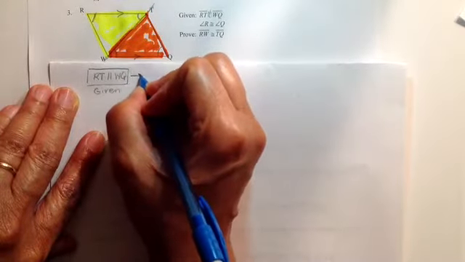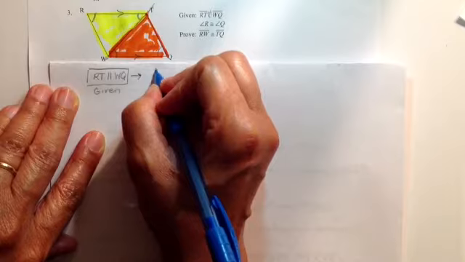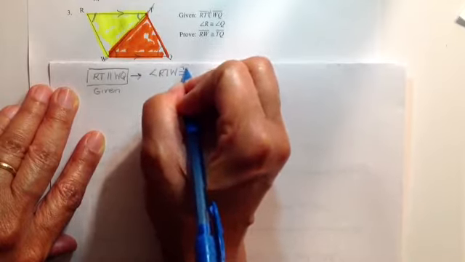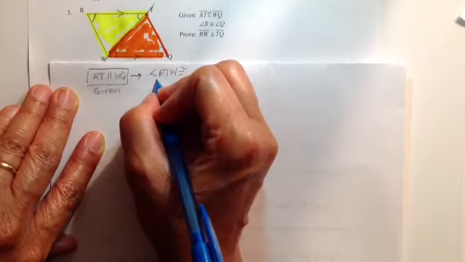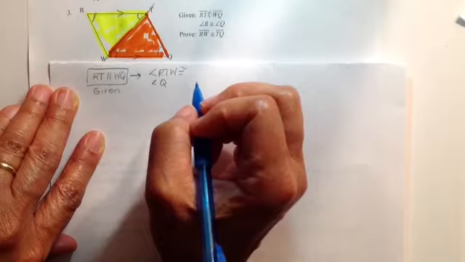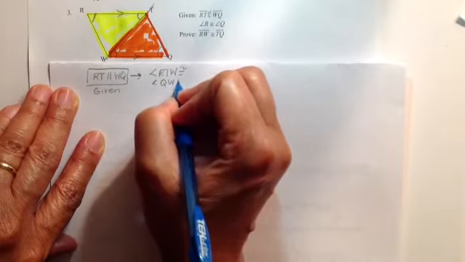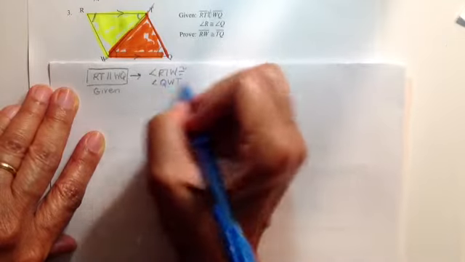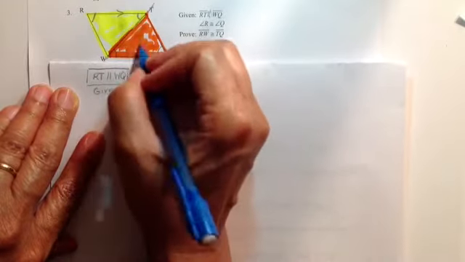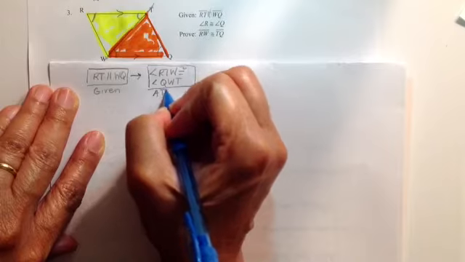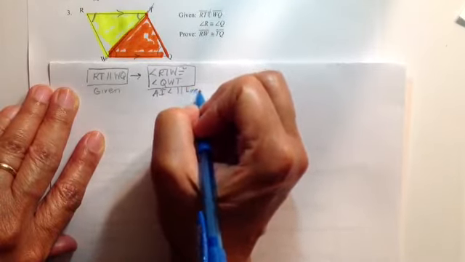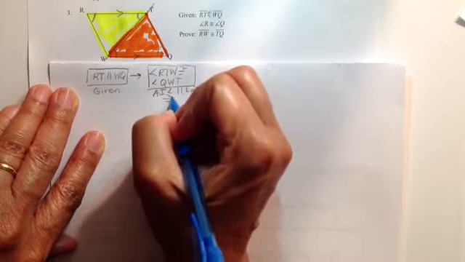So I'm going to say that angle RTW is congruent with angle QWT, because alternate interior angles of parallel lines are congruent.